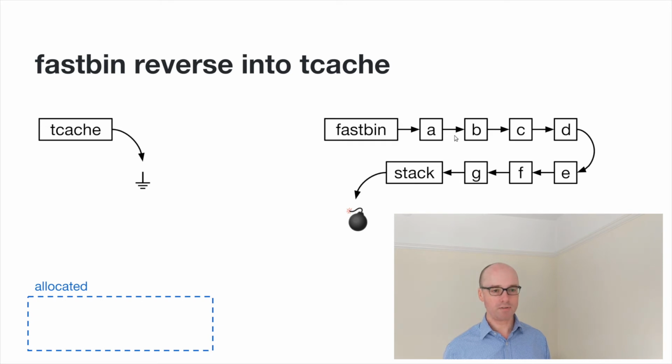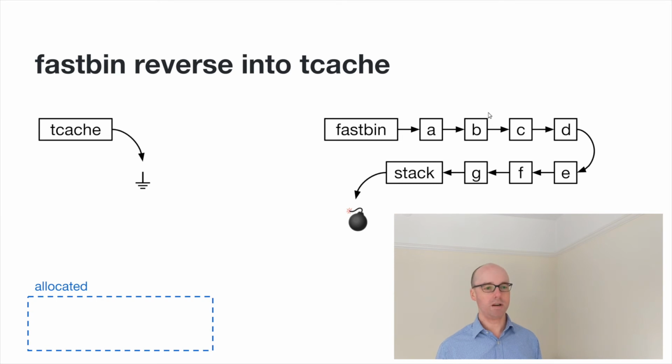And the reason why you need to have 7 chunks here is so that it will stop copying when it gets to the stack address, because the stack address probably doesn't contain a valid next pointer, which is what I've indicated here by the little bomb symbol. So it's really important that the code doesn't try to dereference this invalid pointer, because if it does, then that will immediately crash the program.